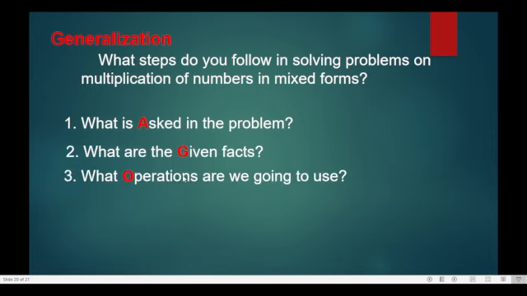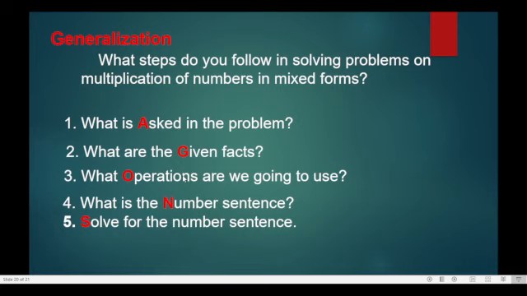What operation are you going to use? What is the number sentence? And solve, and of course, the answer. If you notice, if you arrange these, that is the so-called AGONSA.